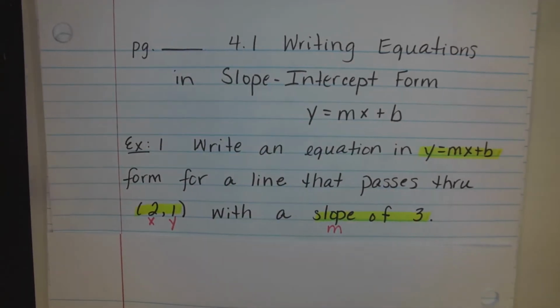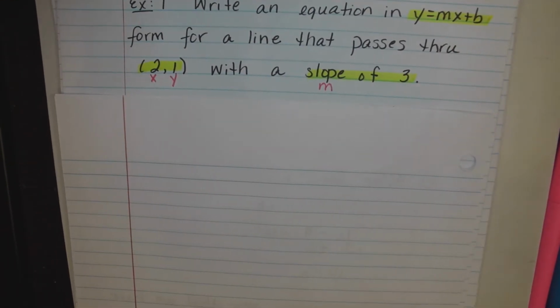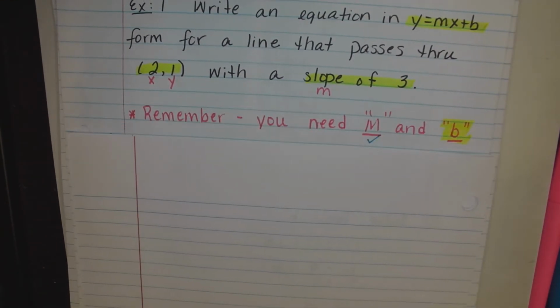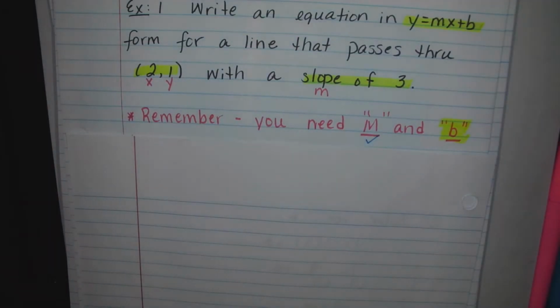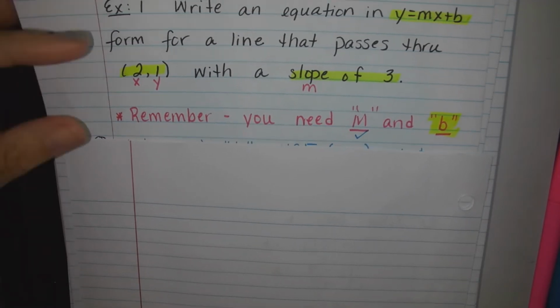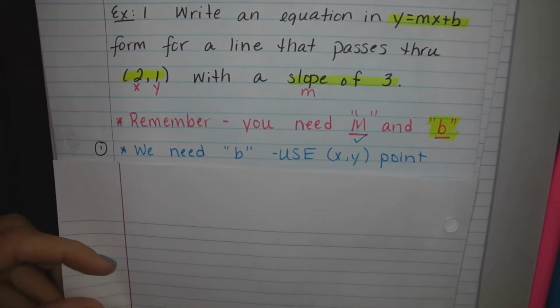I'll turn the lights out. Give me 1 second. All right. Quick reminder, you need slope and y-intercept. I recommend you write it down. Okay. Step number 1.